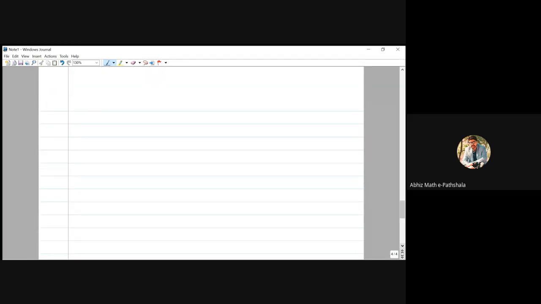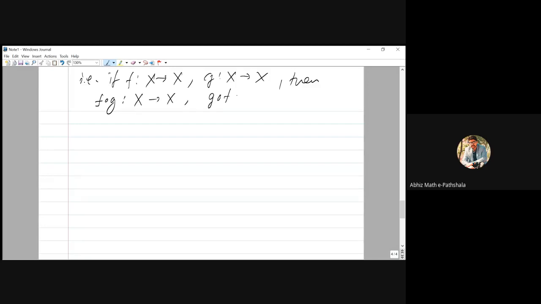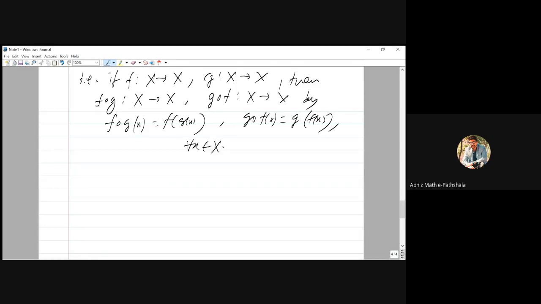As a binary operation, that is, composition of mapping means that if f: X to X is a map and g: X to X is a map, then you consider the composition, that is f compose g, or you can consider also g compose f, by the rule (f compose g)(x) is f of g(x) and (g compose f)(x) is g of f(x), right? For all x belongs to capital X. And this composition is a binary operation.